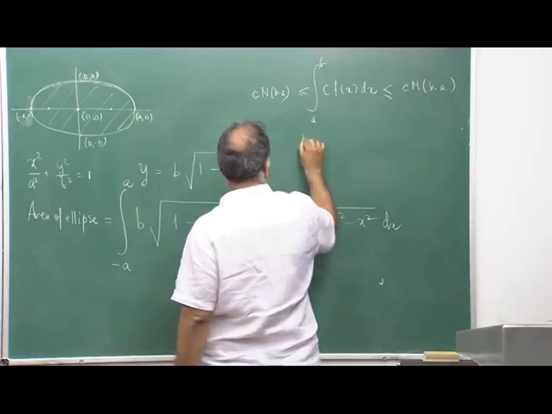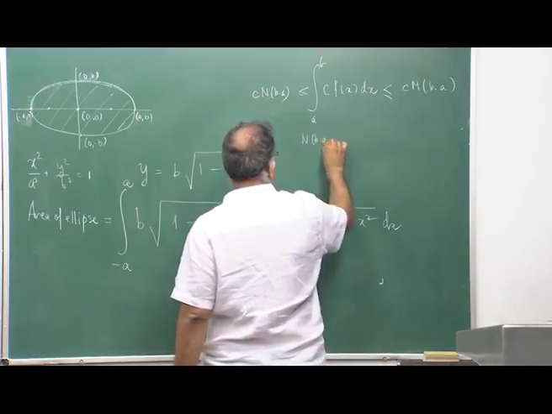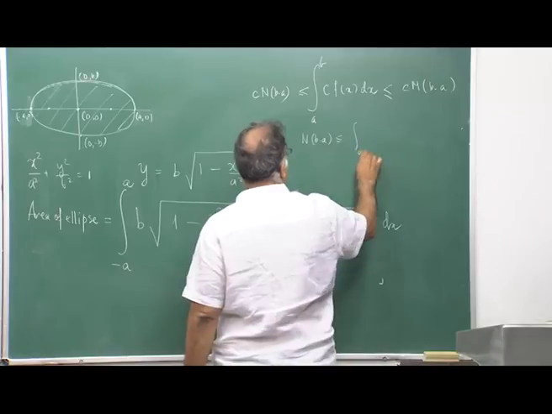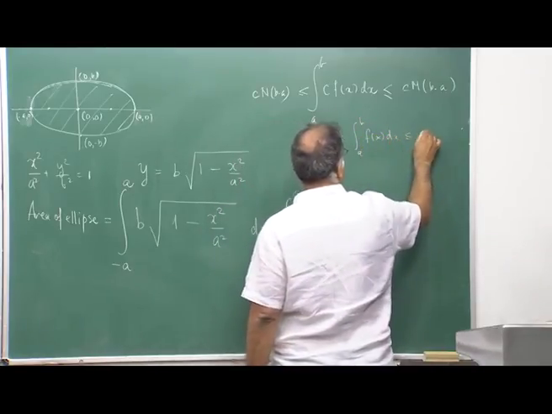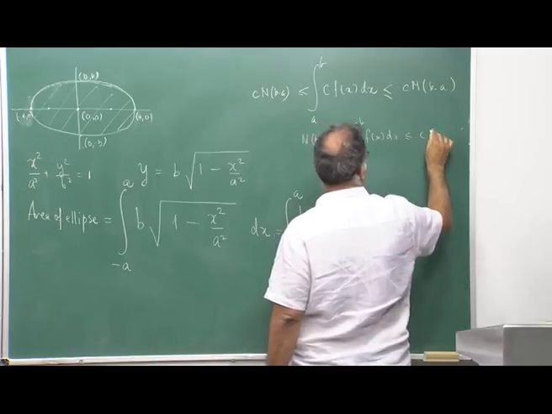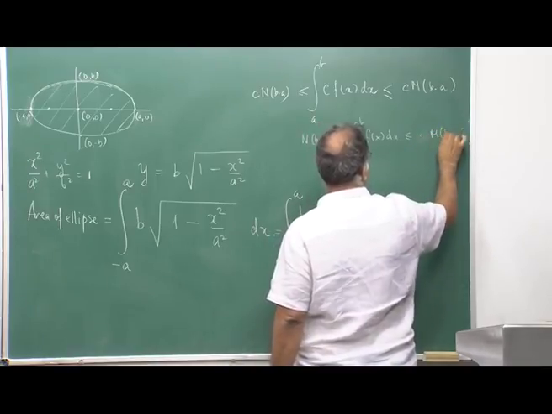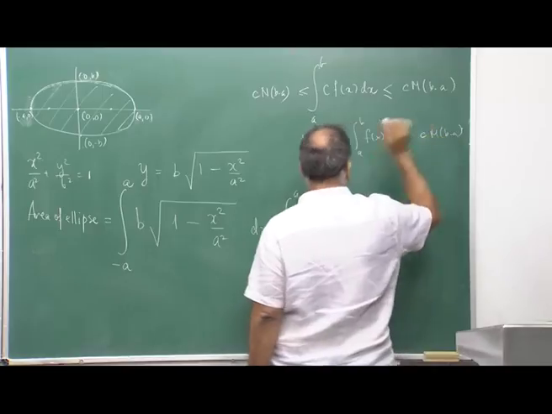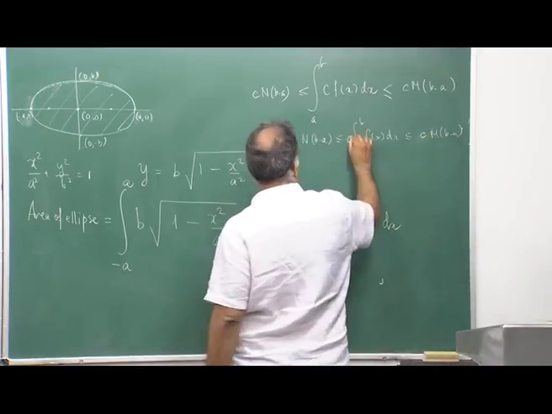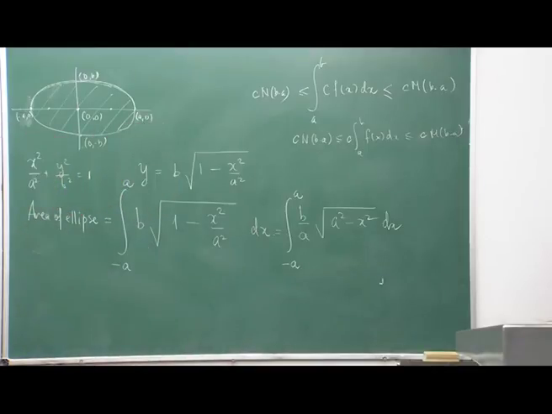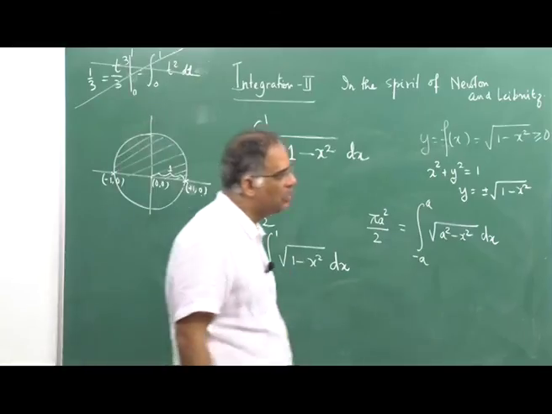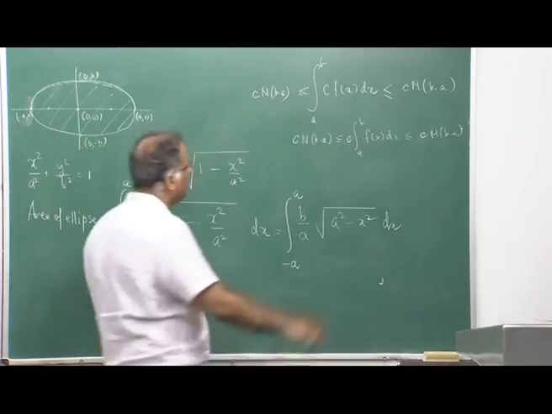Now, you already know that m times b minus a is less than or equal to integral a to b f x dx, which is less than or equal to capital M times b minus a. So if I multiply by a positive number c, what is happening? You are getting this equation.